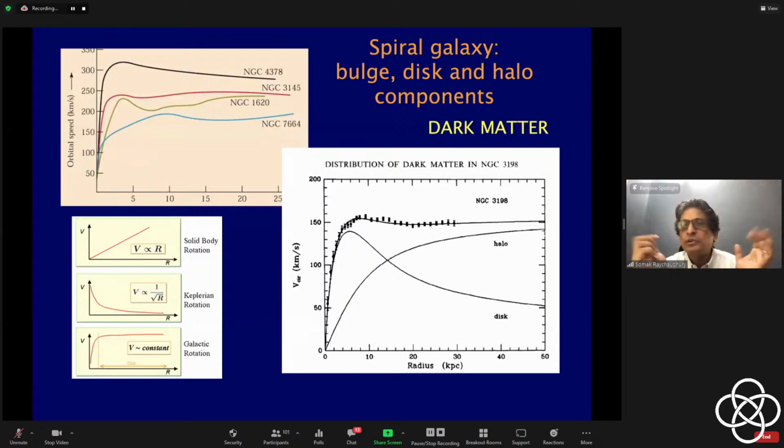Whereas for a continuous medium like the neutral hydrogen, you can do this. But this also is important in the context of groups and clusters, because this tells us that there is this contribution of the galaxy halo to the cluster dark matter.